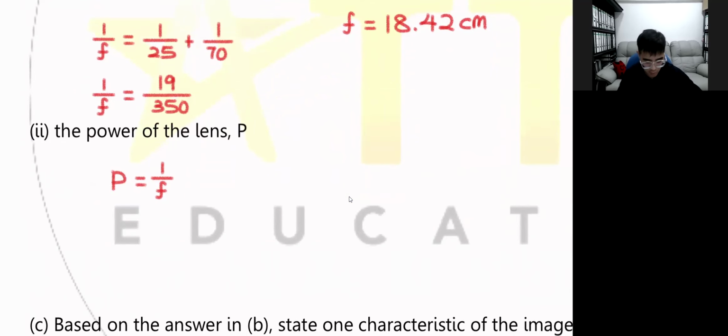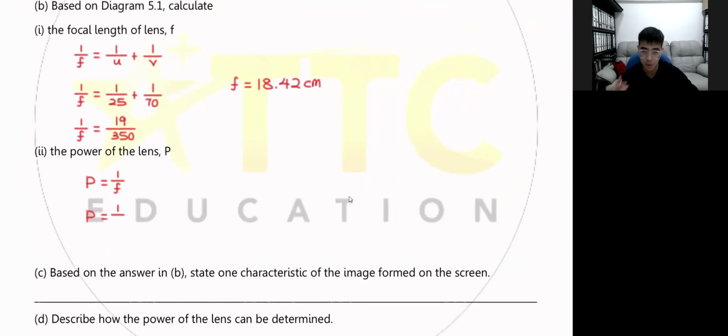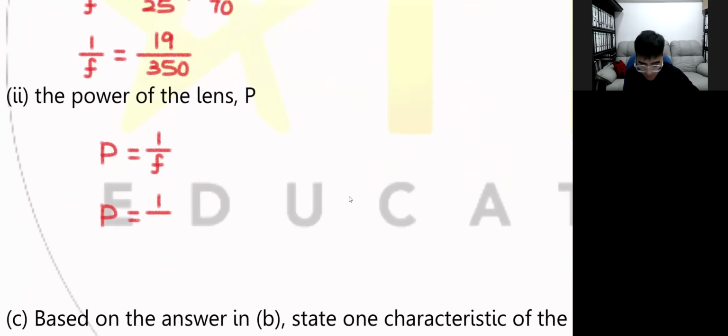To calculate the power of the lens, you only need the focal length, which you already calculated in part B1. But if you put 18.42 cm into the equation, the answer will be wrong. Why? Because I told you before, when you calculate power, you have to make sure the focal length is converted into the SI unit of length.